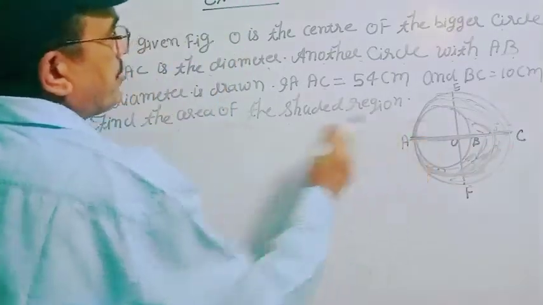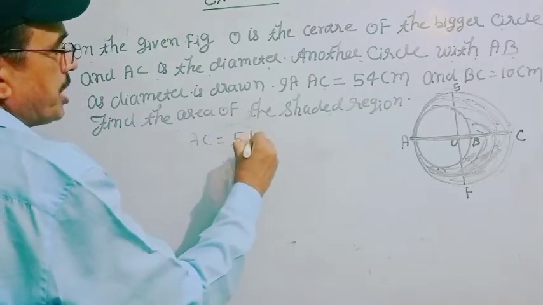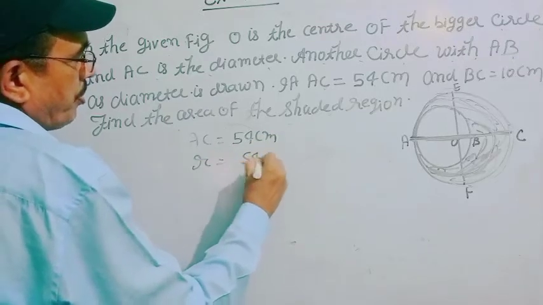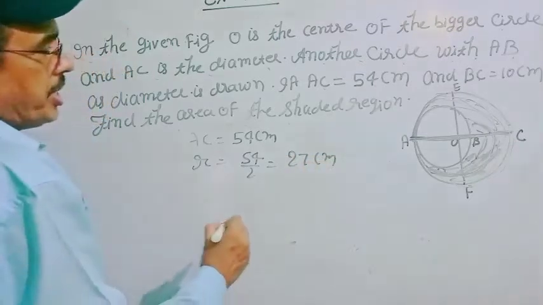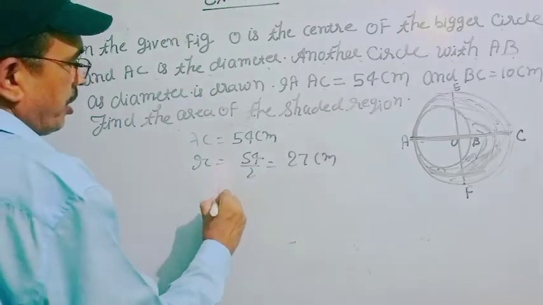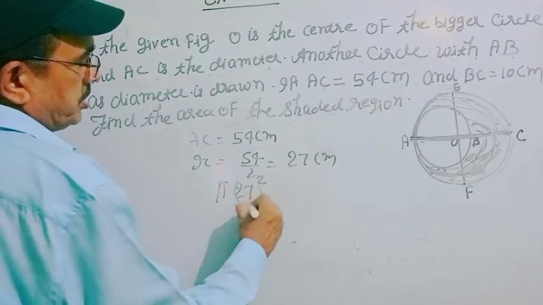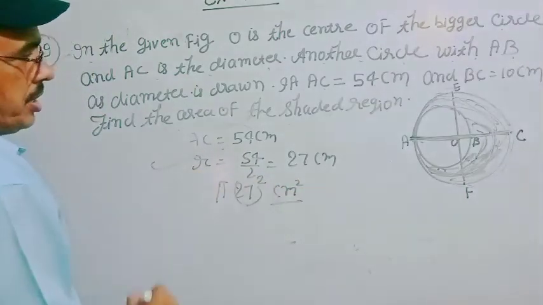So the diameter is given, AC is equal to 54 cm, then the radius is equal to 54 by 2, that is 27 cm. It is the radius of the big circle and you write here pi into 27 squared cm squared. It is the area of the big circle.